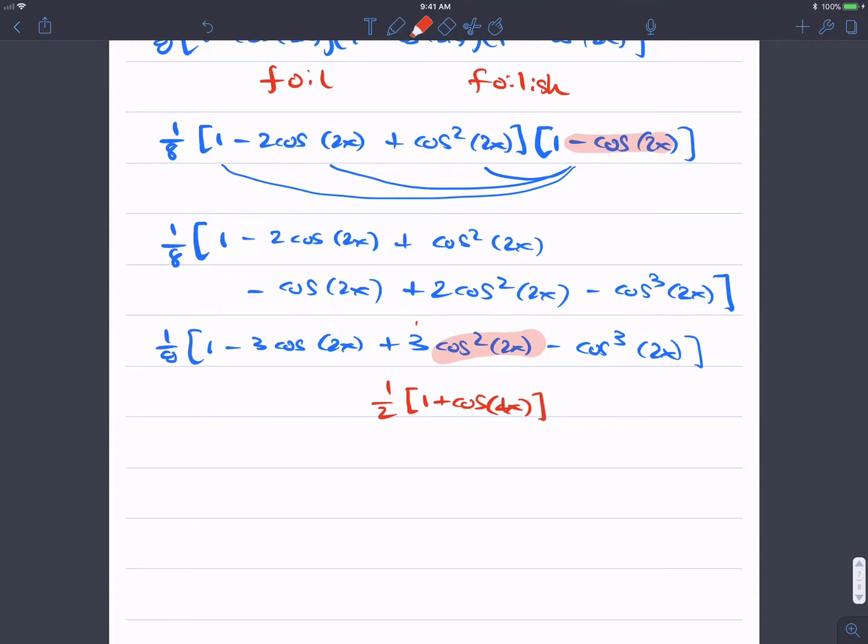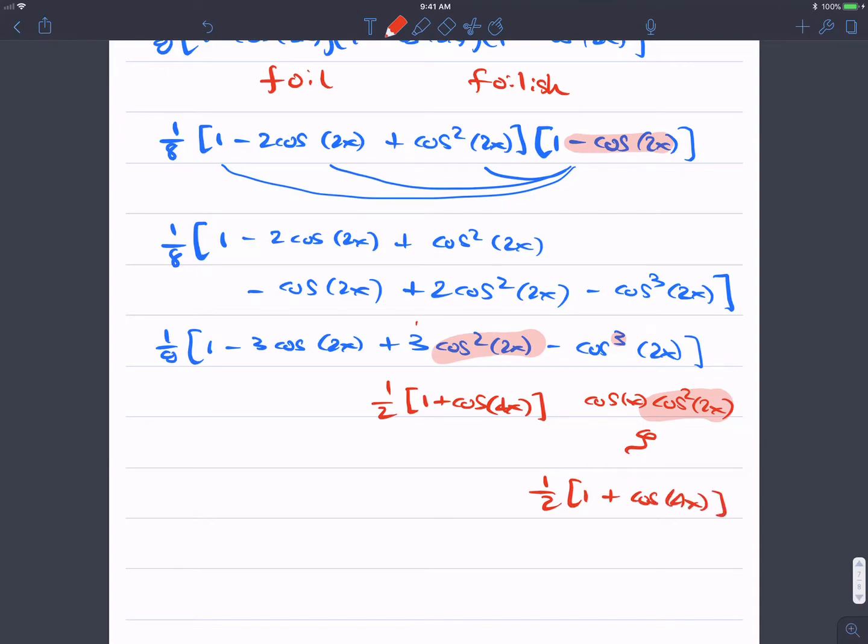You have to deal with this cube power. You're going to write that cosine cube as cosine, let's say cosine x, and then cosine squared 2x. And you might notice again, boy, I have a cosine squared here. That cosine squared gets replaced as well with a 1/2 1 plus cosine 4x.